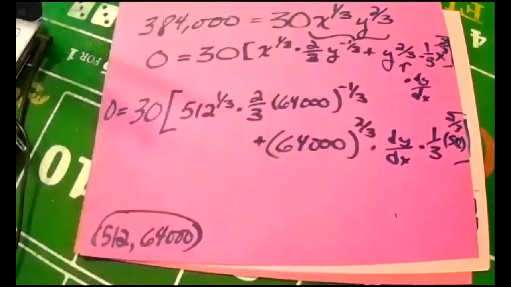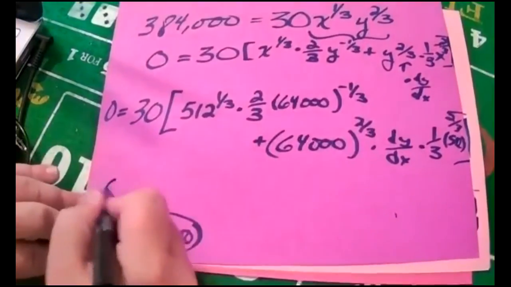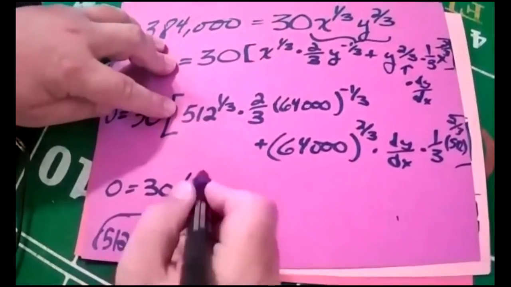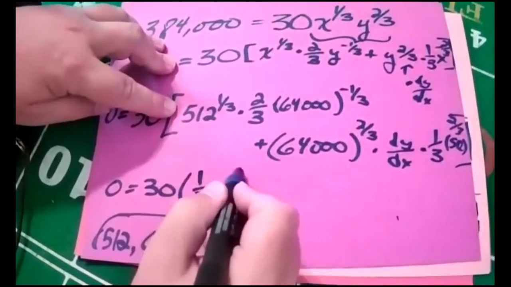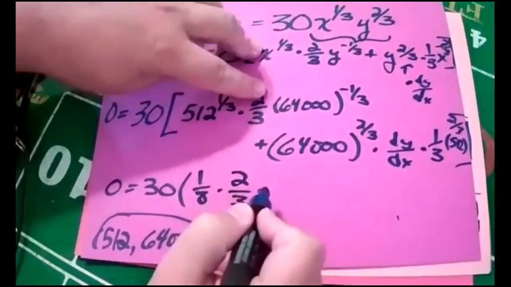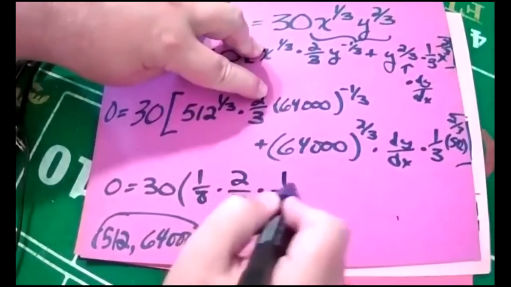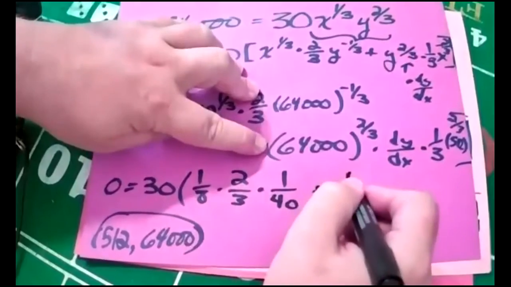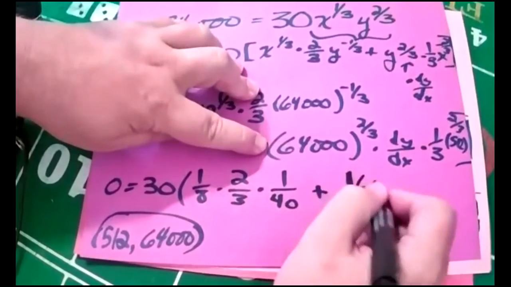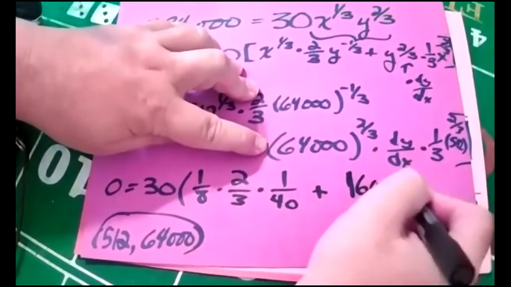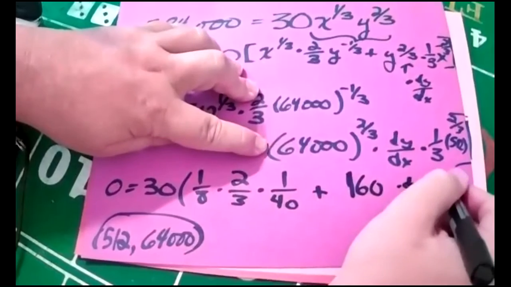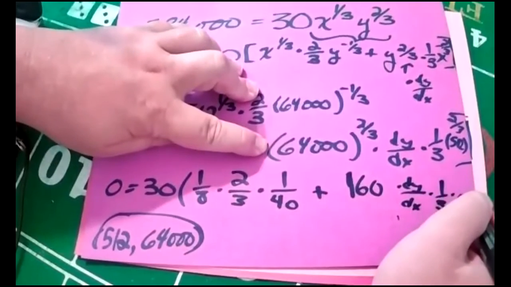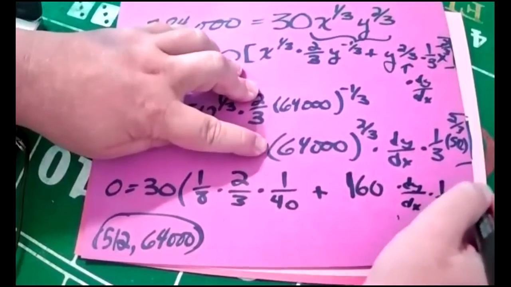All right, so that being the case, we're looking at an equation that says 0 equals 30 times this number is going to be 1/8 times 2/3 times 1 over 40, plus 160 times dy dx times 1/3 times 160.